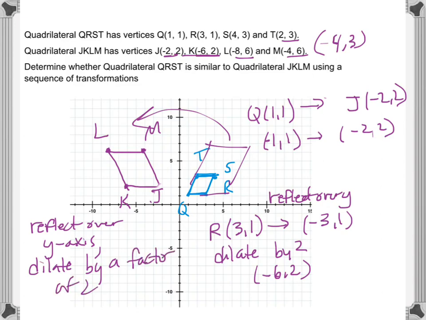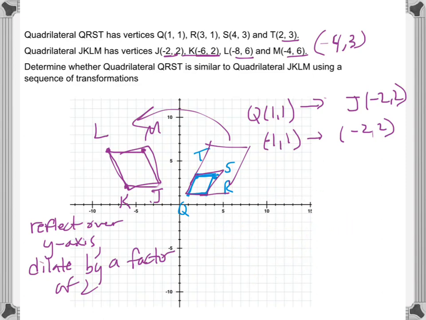So to answer the question, are they similar? The answer is yes, because I can find a series of the transformations in order to get this blue figure on top of the purple figure. So we can conclude that QRST is similar to JKLM. Okay, and that's the end of the lesson today.